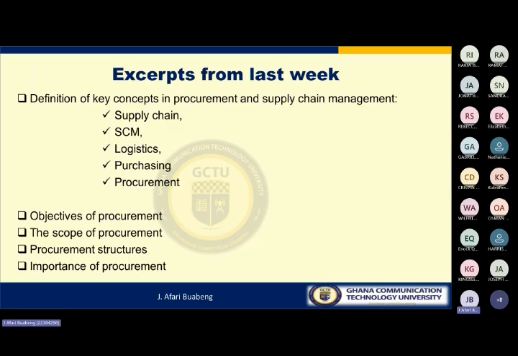So once we aggregate procurement needs and then we buy in bulk, there's always the possibility of getting some rebate or discount to bring the average cost per product down. So that is the major reason why organizations may adopt centralized procurement. There are other reasons. So once you get the book, I have listed all those things in there.